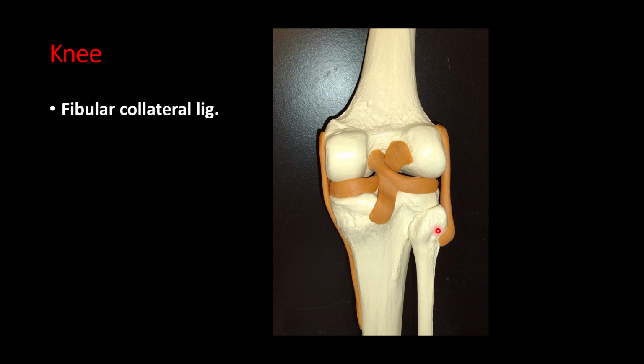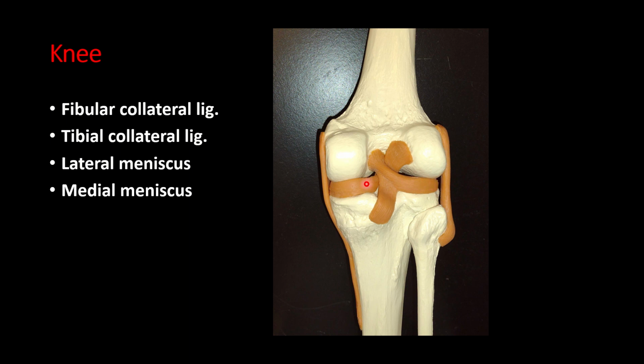So you can see the fibular collateral ligament laterally, tibial collateral ligament medially. This is the lateral meniscus. This is the medial meniscus. This is the anterior cruciate ligament, and just this area goes anteriorly.